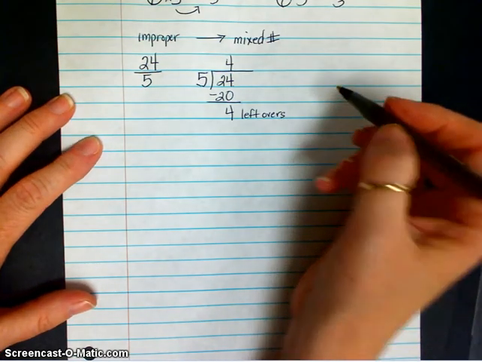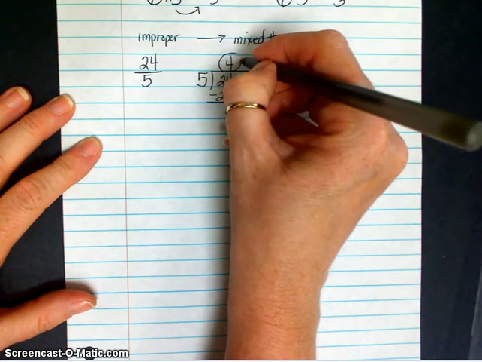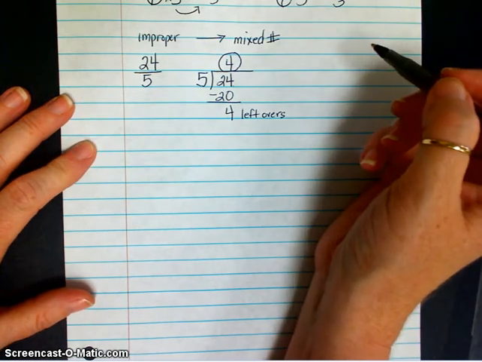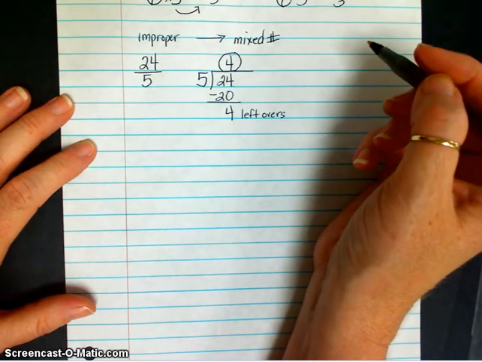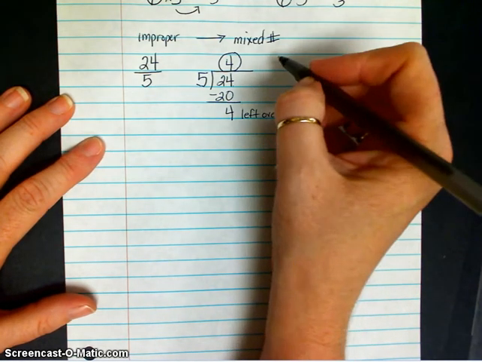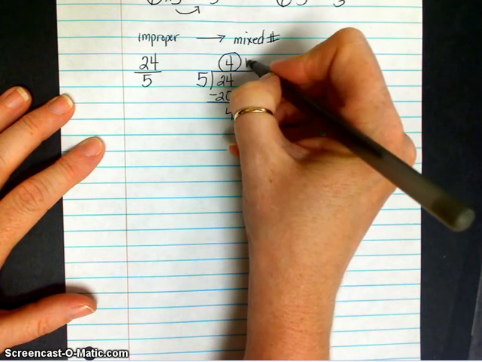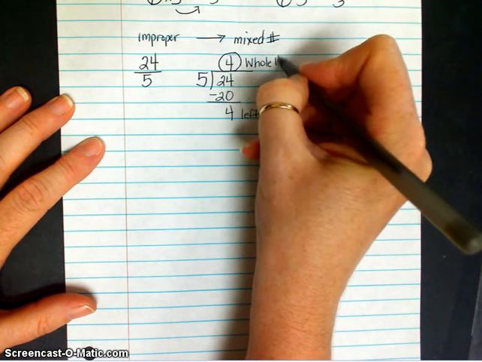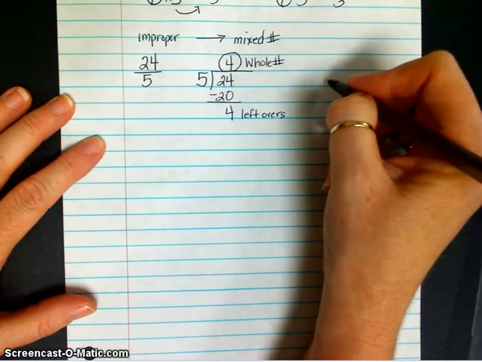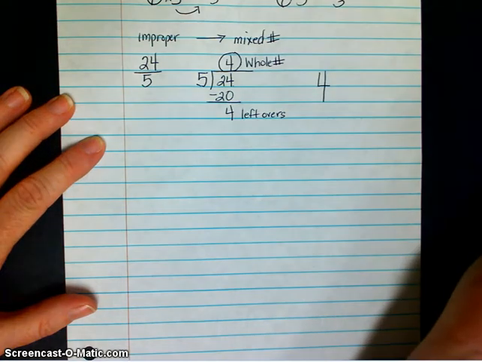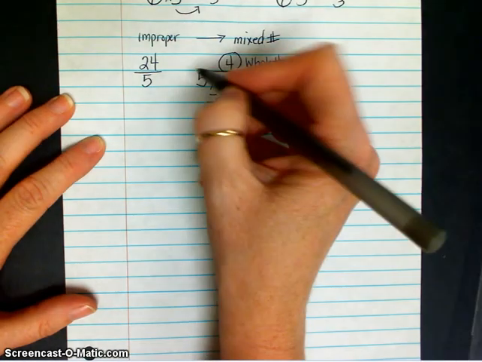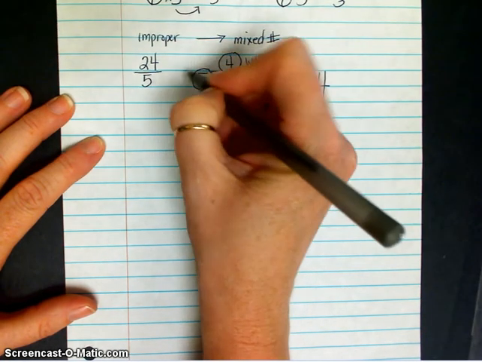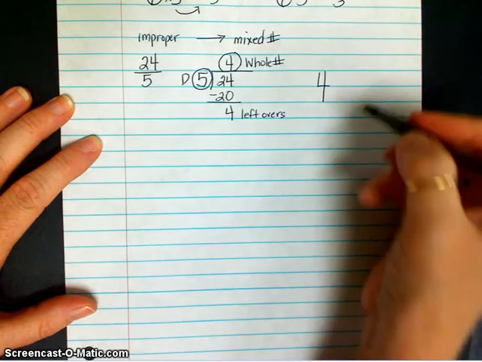When we show that this number up top is the total times that 5 can go into 24, I want you to see this becomes our whole number in the mixed number form. So that equals 4 as the big number. 5 is our constant. It doesn't change. That's the denominator.